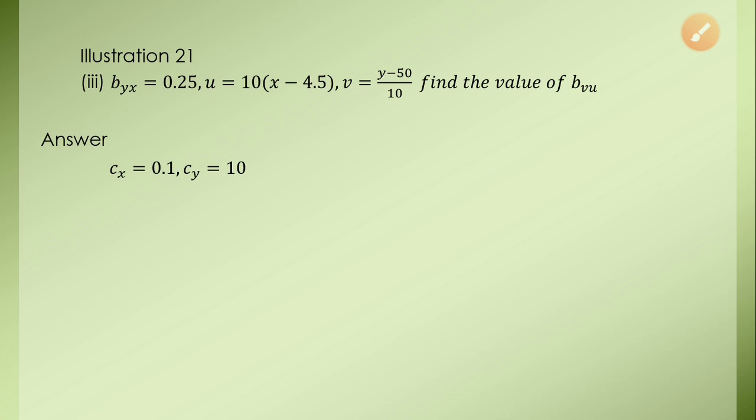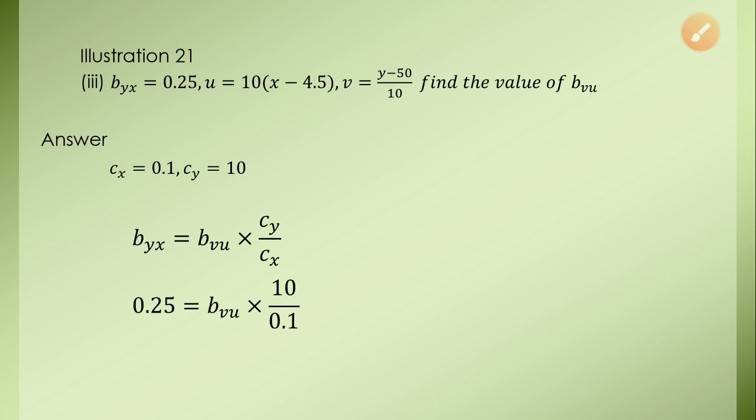So if this 10 is multiplied, take a reciprocal, that is 1 by 10. So cx is 1 by 10, 0.1, and cy is 10. So byx is equal to bvu into cy upon cx. 0.25 is equal to bvu into 10 upon 0.1. If you solve, you will find the answer like this.